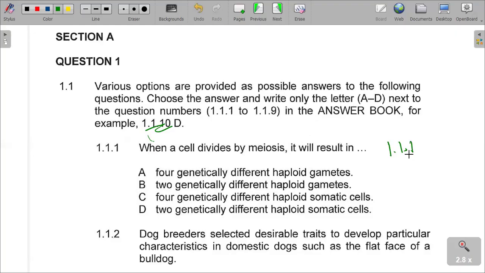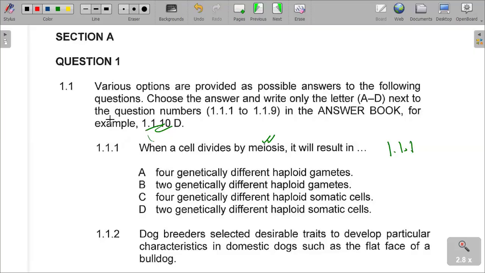When a cell divides by meiosis, it results in dash. Please note that we cannot go to the Paper 2 exam without understanding meiosis.